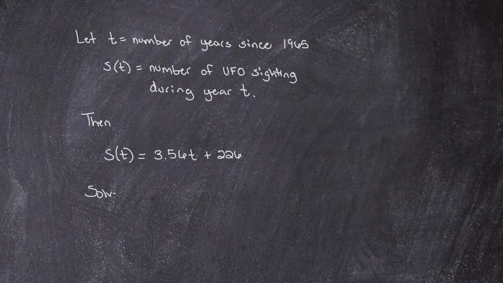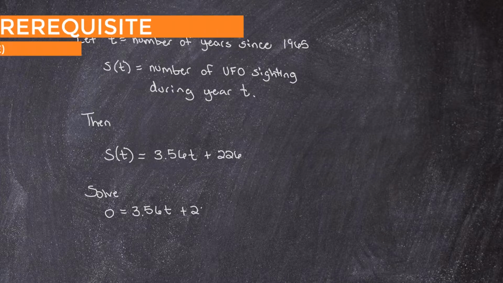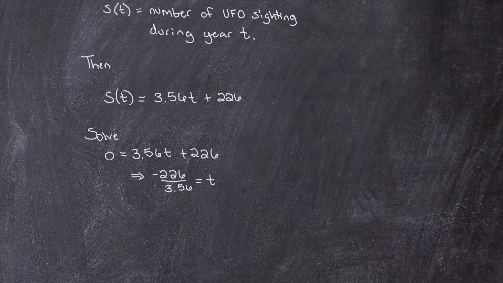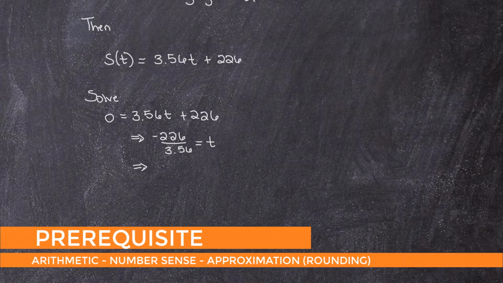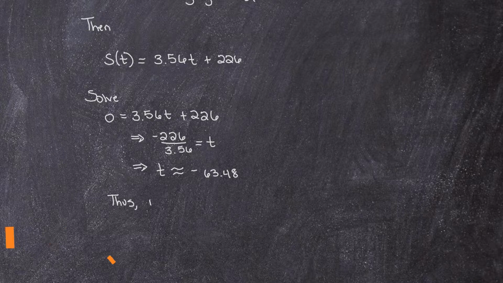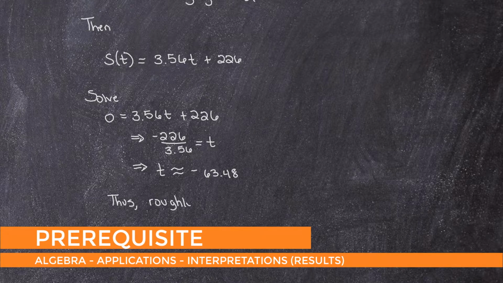The horizontal intercept is a little more interesting. Since the horizontal intercept occurs when the output variable s is 0, it tells us when there were no sightings. Solving this equation, we get that t is roughly equal to negative 63.48, so roughly 63 to 64 years before 1965. So that's approximately 1901.